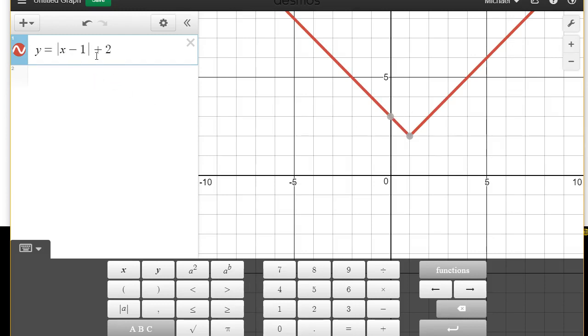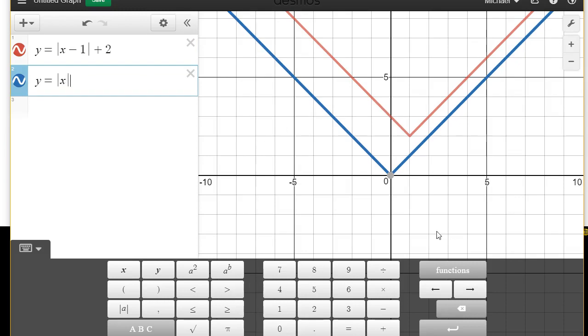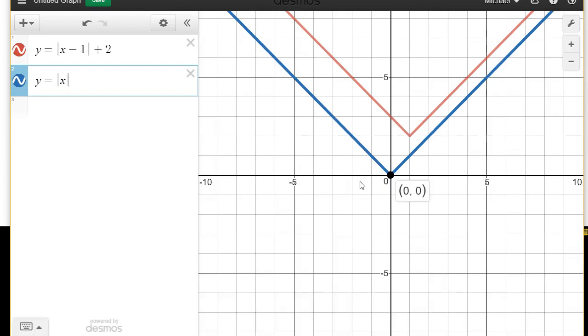What we can see is that the original graph, y equals absolute value of x, is located down here. If I do -1 inside the absolute value and +2 outside, the -1 makes me move 1 to the right, and the +2 makes me move up 2. But as far as the stretch, it still works the same way.